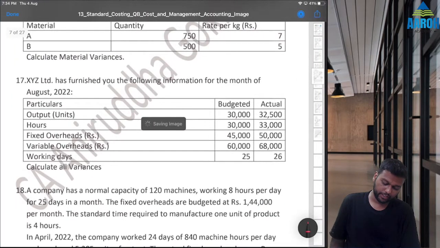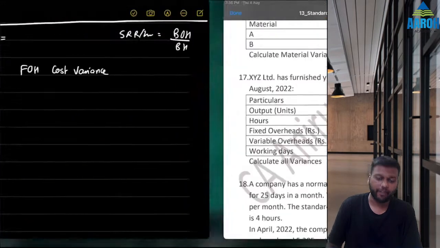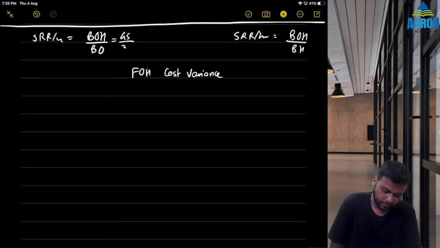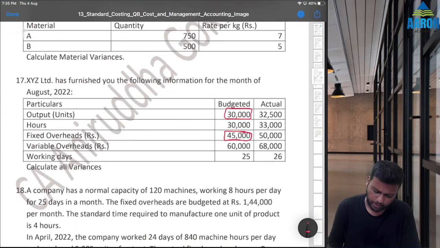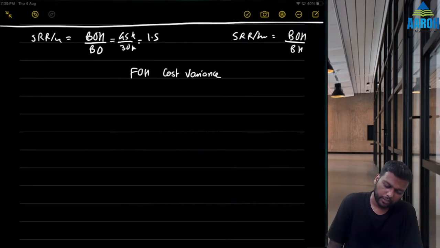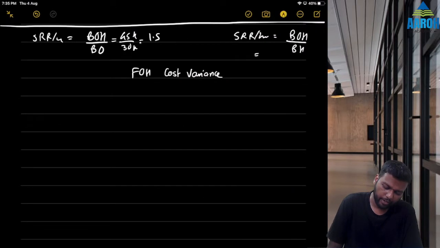Budgeted fixed overheads are what? 45,000. Budgeted output is 30,000. So 45 upon 30,000, that is 1.5. Similarly, SRR per hour will be 45,000 divided by 30,000, budgeted hours, right? So SRR per hour will also be 1.5.